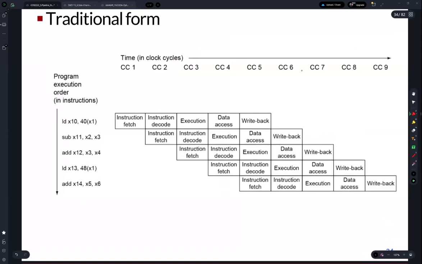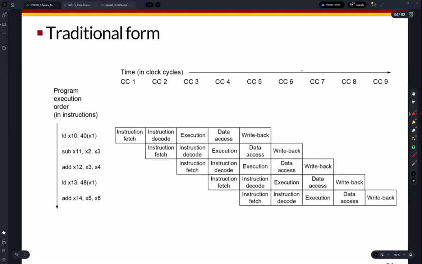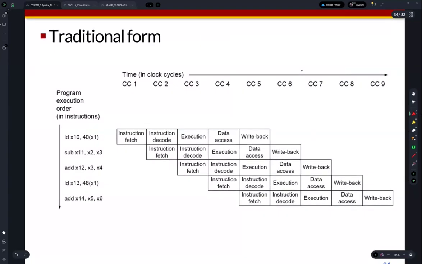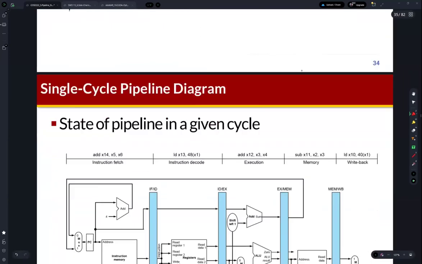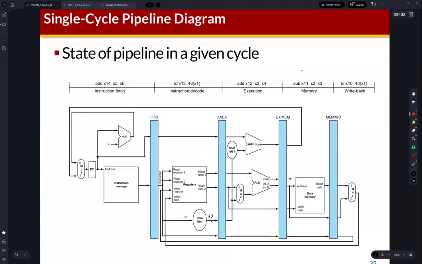Okay, so we can represent the same pipeline operations in a different form, like rectangles. And then we can also represent different instructions in the different pipeline stages. So if you see this figure, you can find that the load instruction is in the write back stage, the sub instruction is in the memory stage, and then the add instruction is in the execution stage.